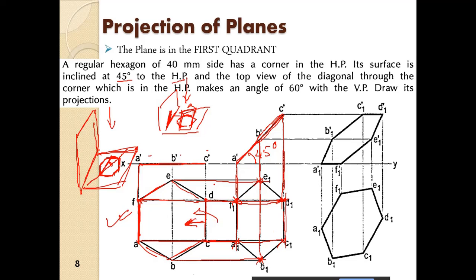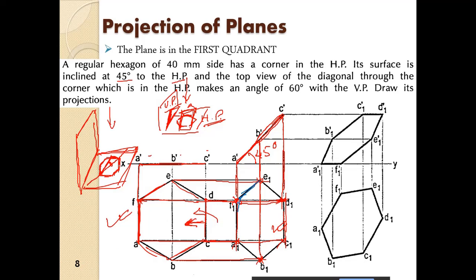So now the hexagon is inclined to the horizontal plane, but it is exactly perpendicular to the vertical plane. All right, so this is what we get. So we now complete the drawing of the hexagon.